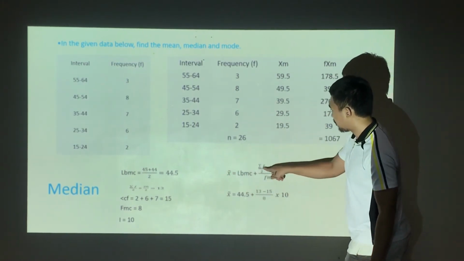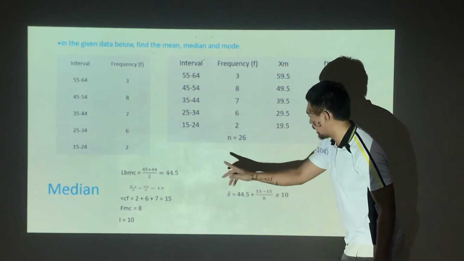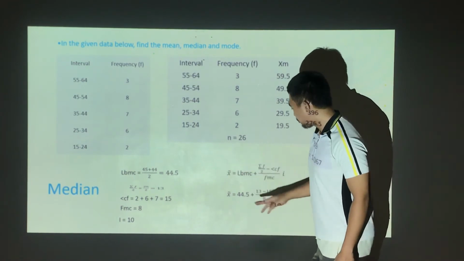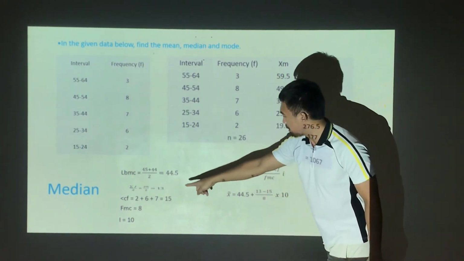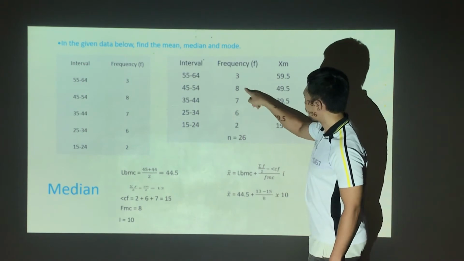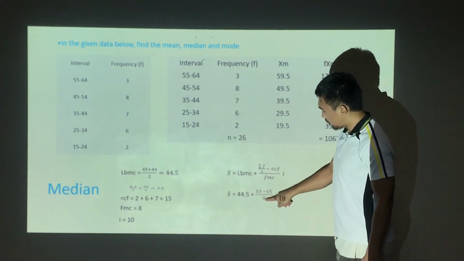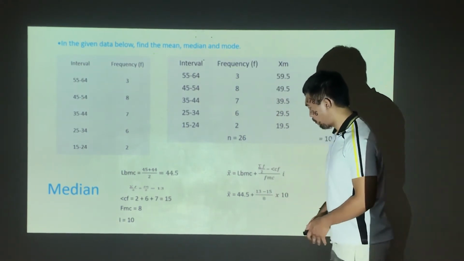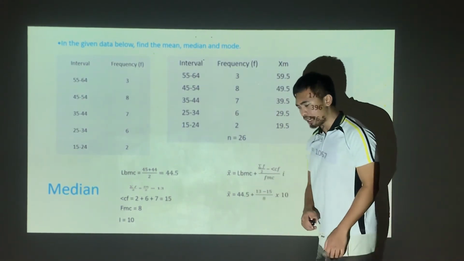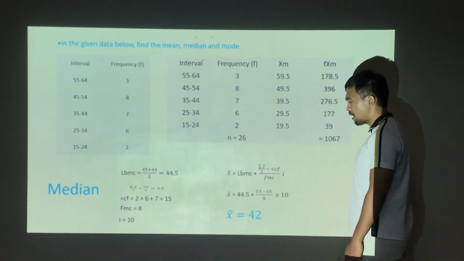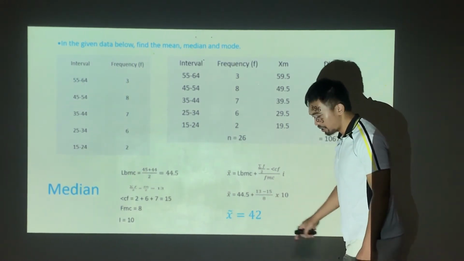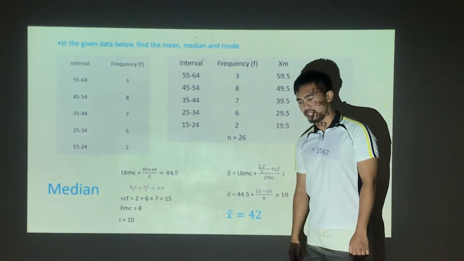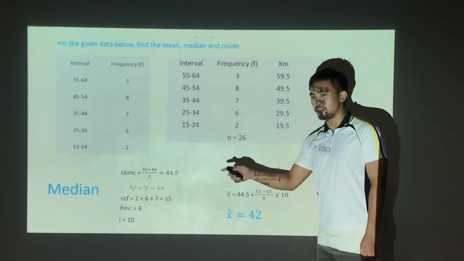Our sum of the frequency over 2, which is 13, minus the cumulative frequency, which is 15, over the greatest frequency in our given data, which is 8, times our interval, which is 10. If you put it right away in your calculator, that would give you 42. Yes, the median is 42. So that's how we get our median.